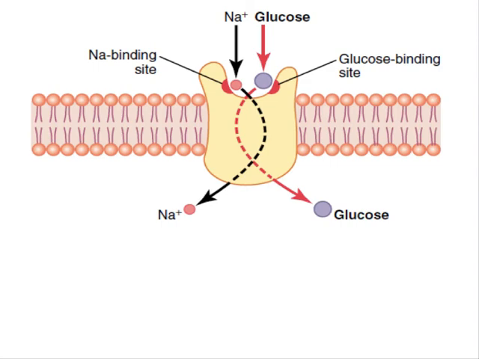So, when both sodium and glucose become attached to the carrier protein, then the conformational change takes place, and sodium and glucose are transported to the inside of the cell at the same time.